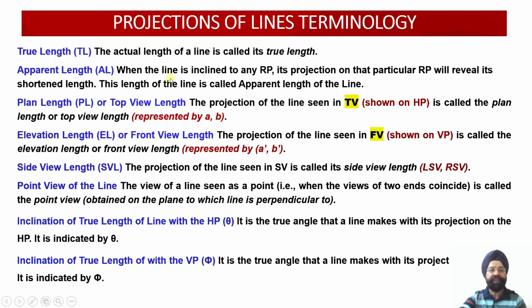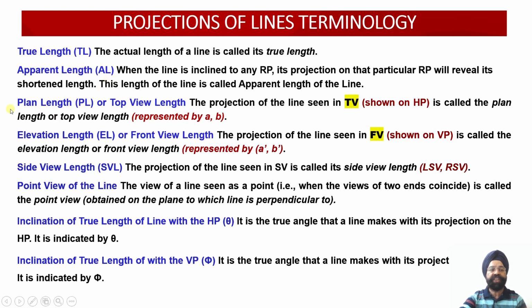And how much reduction will there be? Obviously, we have discussed that the reduction will depend upon the extent of inclination of the line with respect to a given reference plane. Lesser the angle of inclination, lesser will be the reduction in the apparent length compared to the true length. More reduction will be there when the angle of inclination happens to be more.